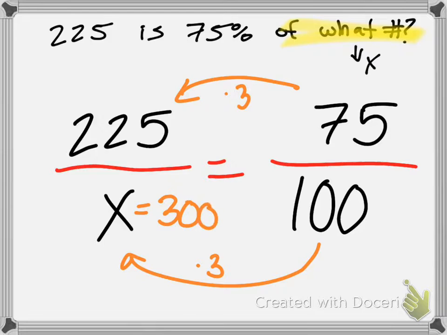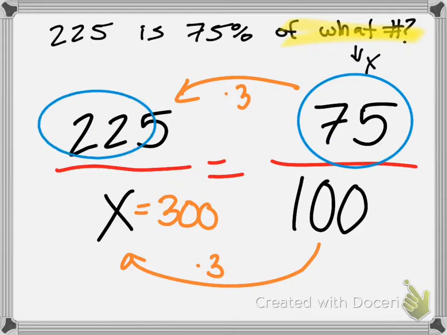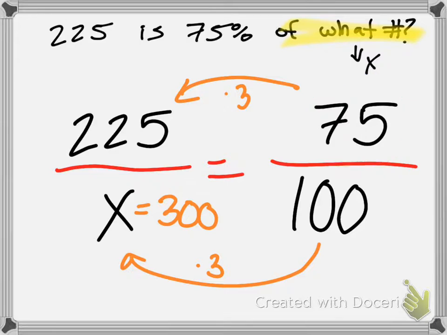If you don't know how many times a number goes into another number, divide that number by that number, and then we find out how many times it goes in. So we find out 225 is 75% of 300. That's our is over of.